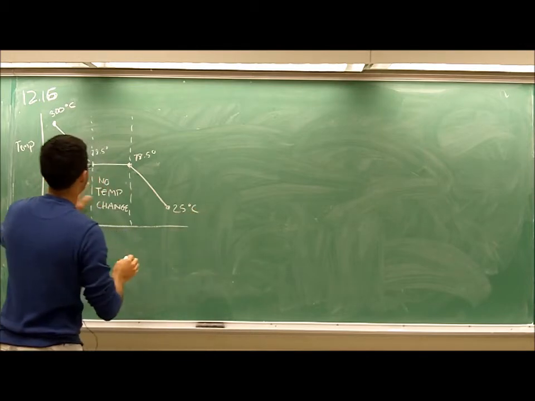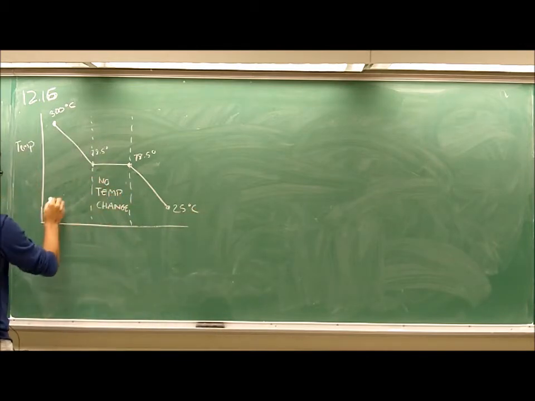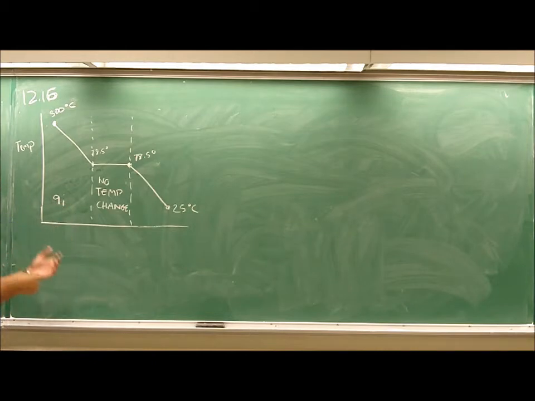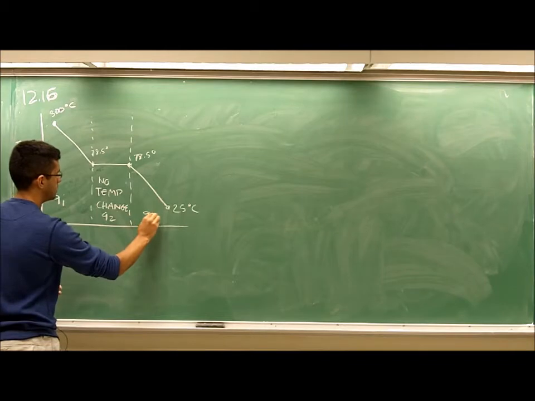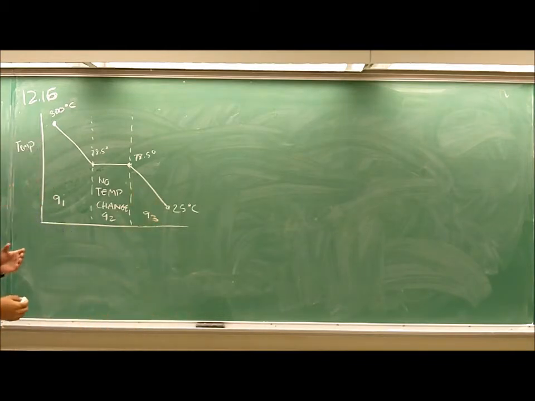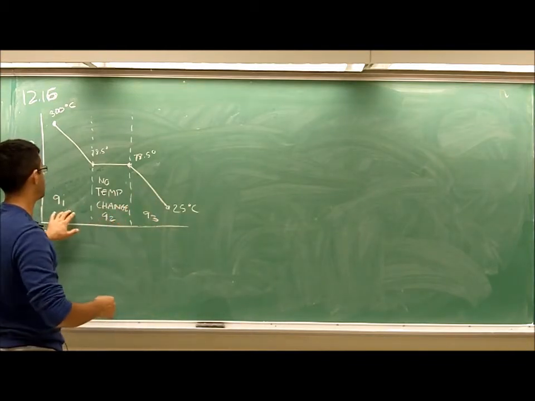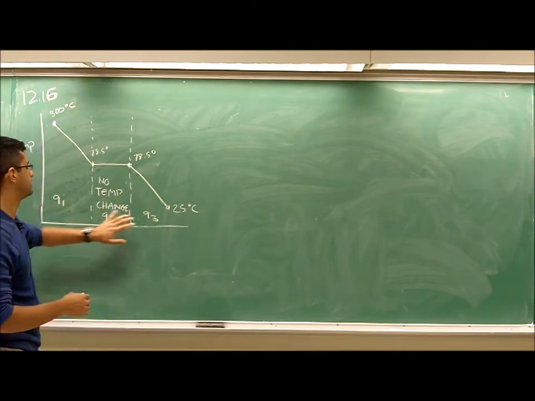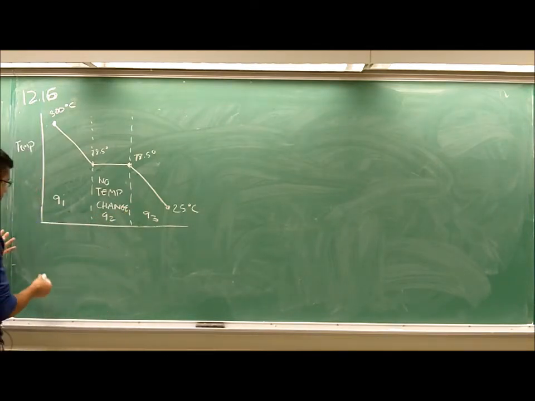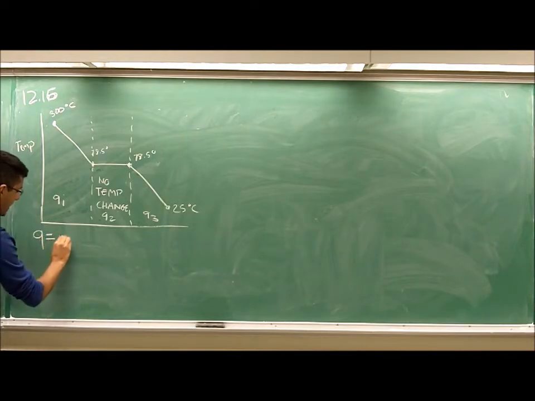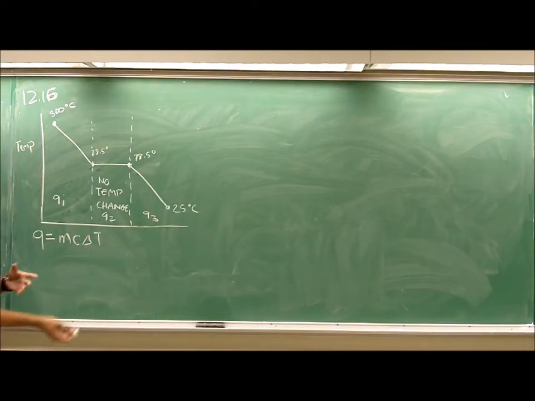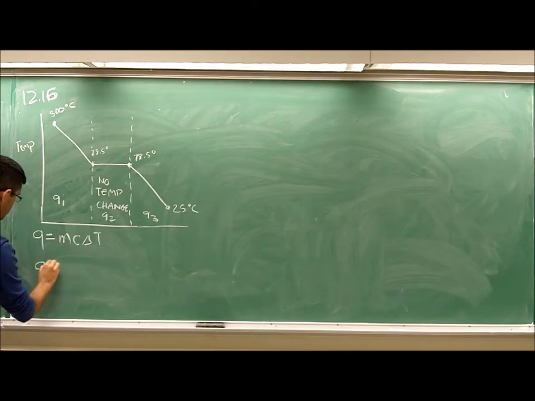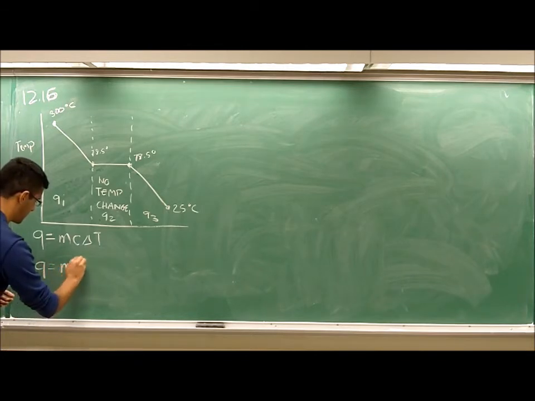Now for each of these 3 stages, we'll assign a Q value. Q is heat. So Q1, Q2, and Q3. And for each of these stages, you should probably know this, we use 2 equations. Q equals mc delta T, which kind of looks like MCAT, and Q equals mL.